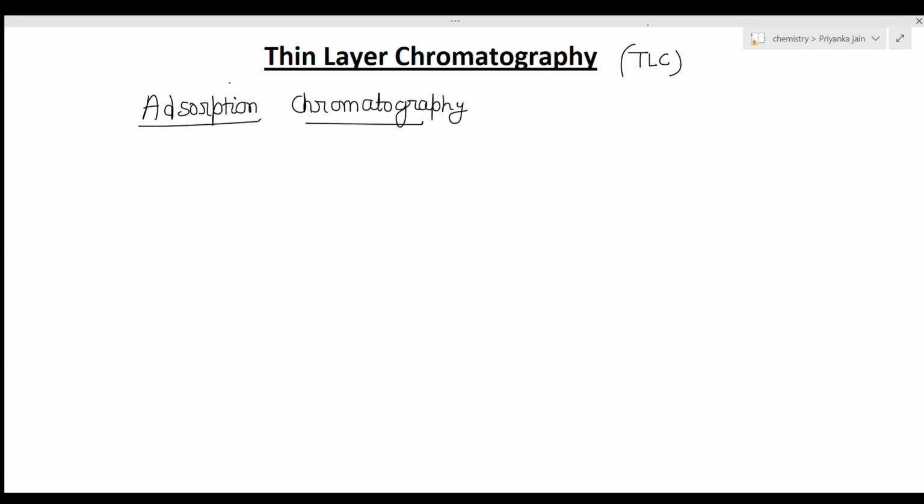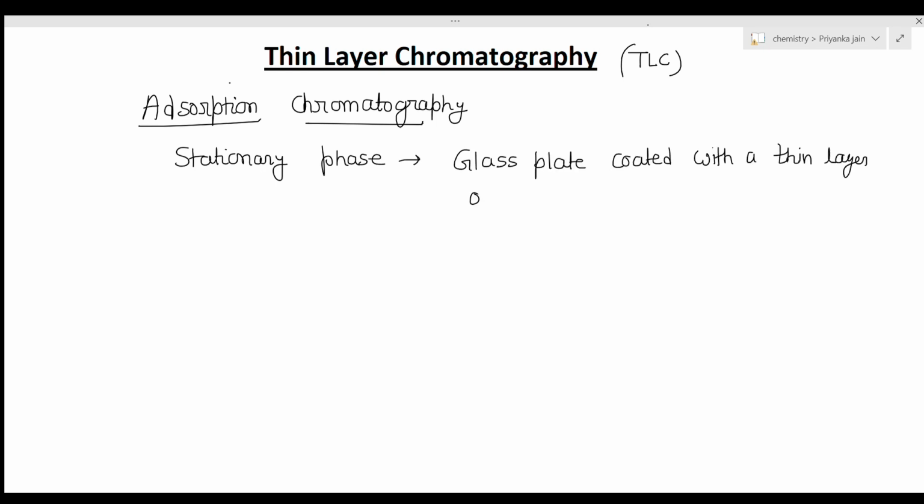Here we are taking a glass plate coated with a thin layer of adsorbent. What is our stationary phase? Our stationary phase is a glass plate coated with a thin layer of adsorbent. The thickness of the layer will be approximately 0.2 mm. Actually, this TLC technique separates component mixtures on the basis of their polarity.